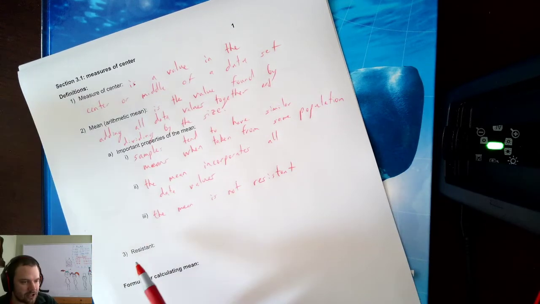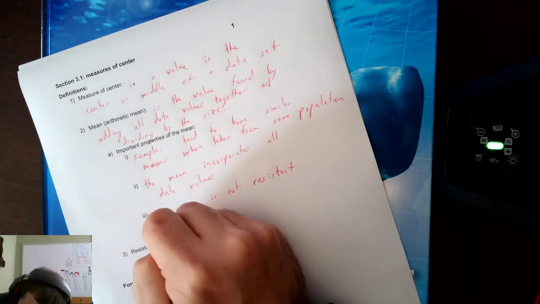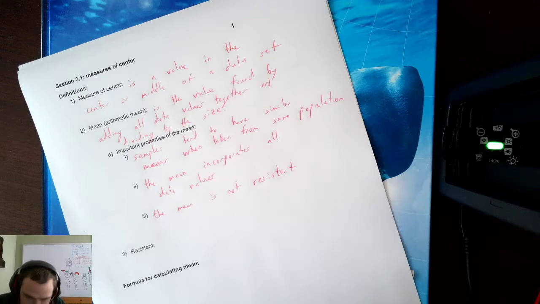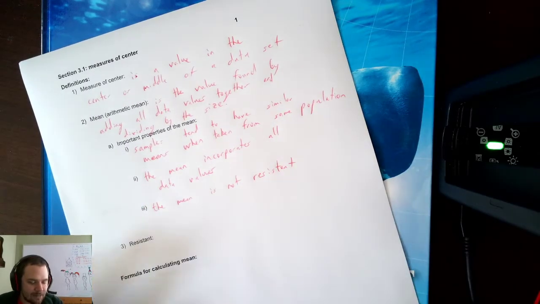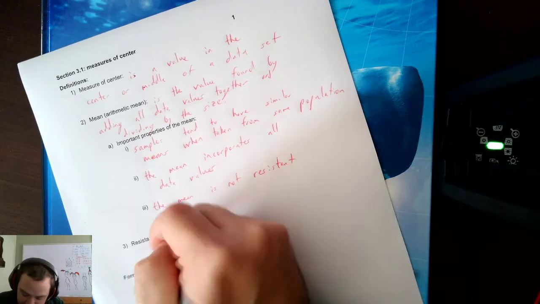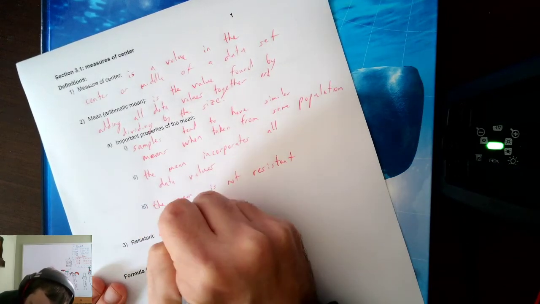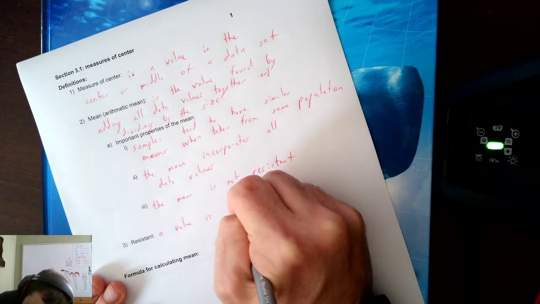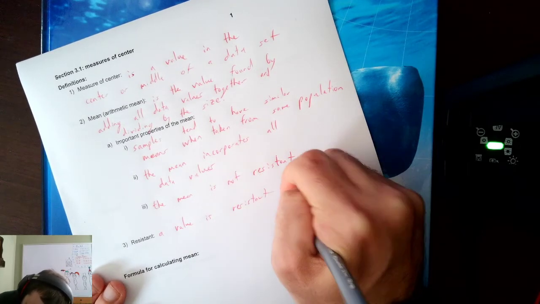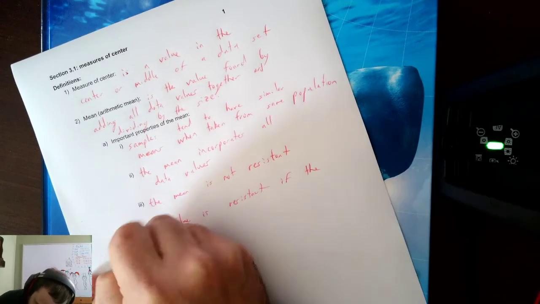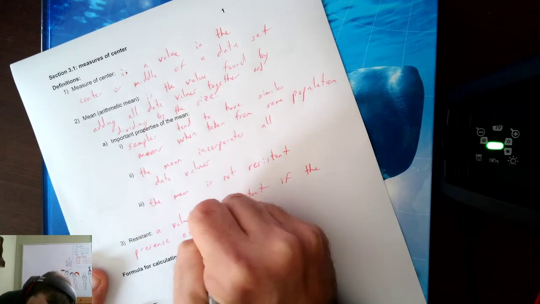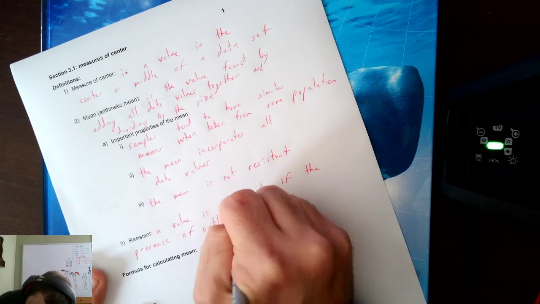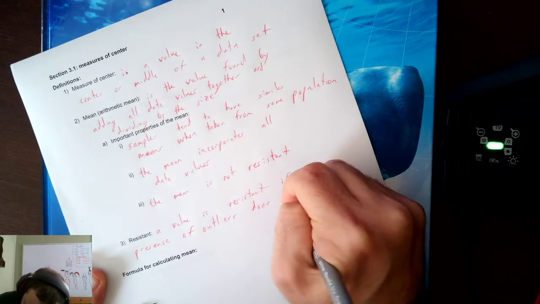Well, that's our next definition. The next definition is resistant, which is whether or not outliers have a strong effect. A value is said to be resistant when outliers don't have much of an effect on it. A value is resistant if the presence of outliers does not affect it too much.